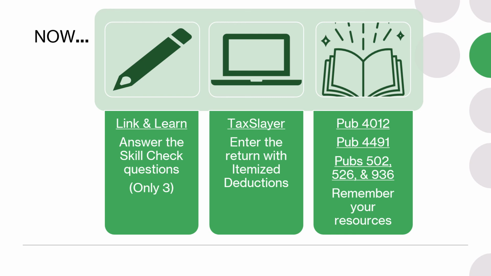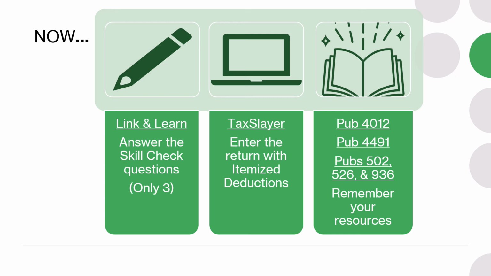Here's what I want you to do. Head on over to Lincoln Learn and answer the skill check questions. There's just 3 of them. If you are in Accounting 496, instead of doing that, you do have a 10-question quiz associated with this in Canvas. And then we have a return with some itemized deductions to practice entering into TaxSlayer.